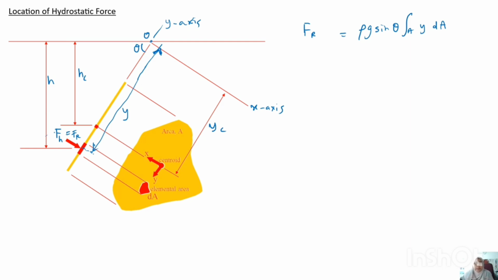To do the moment, force must be times the perpendicular distance. So let's say I put this as y resultant as well. I times the force with y resultant, the resultant force times resultant distance from point O. So on the right side, I also need to times with another y here.